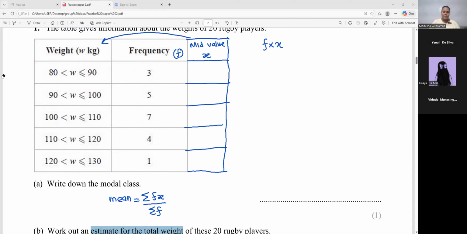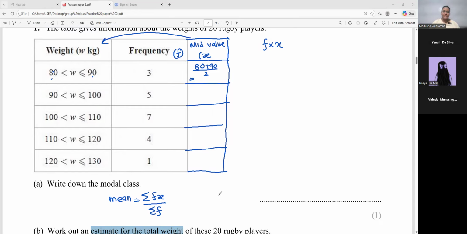Add the two boundaries and divide it by 2. 80 and 90, it's also an average, no? Average of two class boundaries. 80 is the lower boundary, 90 is the upper boundary. Add them and divide it by 2. Only for the first one, I'll write the working: 80 plus 90 divided by 2. So likewise, we need to fill this mid value, that is x.